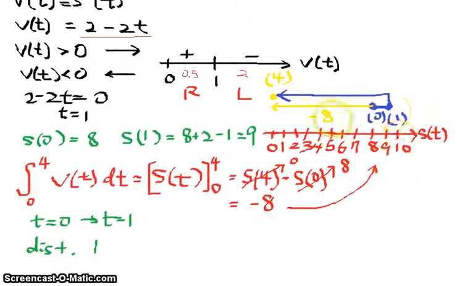And then from t is equal to 1 to t is equal to 4, I moved to the left about 9 units, right? 9 units. I don't really care about the directions. I only care about how far I've moved. So the total distance is equal to 1 plus 9, which is 10. Okay?